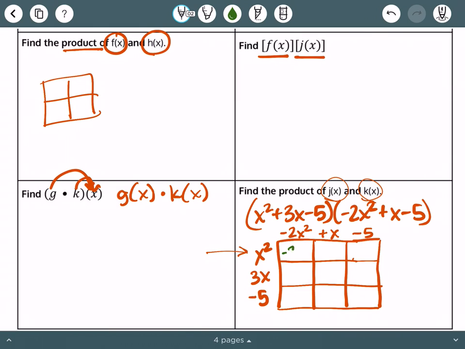Negative 2x to the 4th because I have x squared times negative 2x squared. Negative 2x squared times 3 would be negative 6x to the 3rd. Right? I have negative 2 times negative 5 is positive 10x squared.